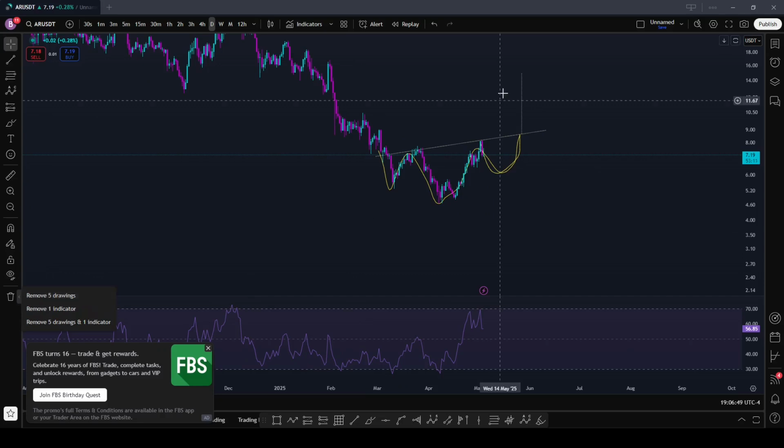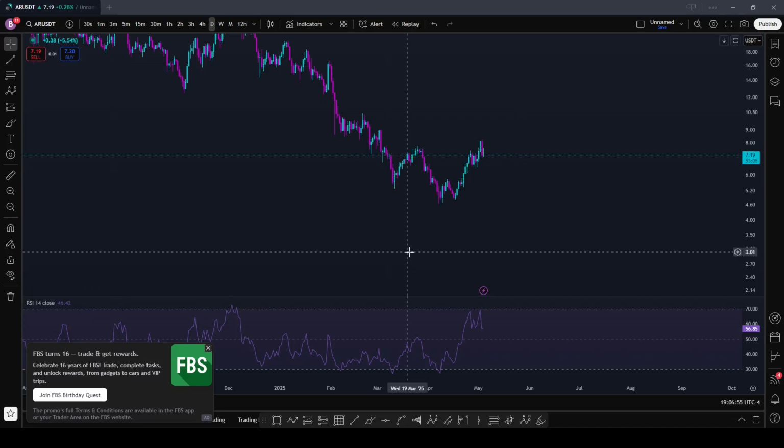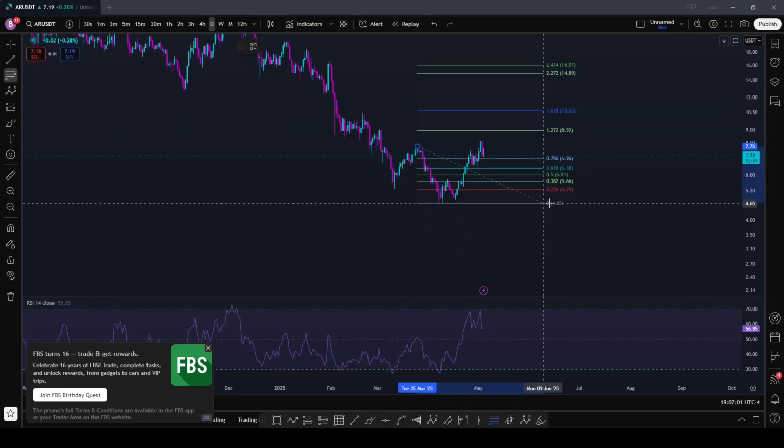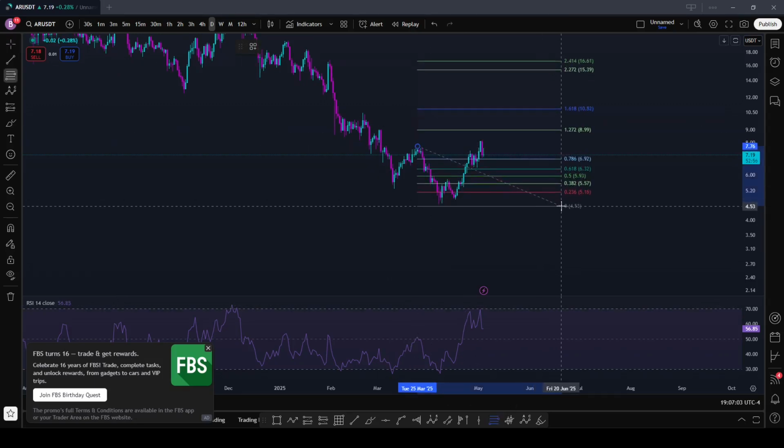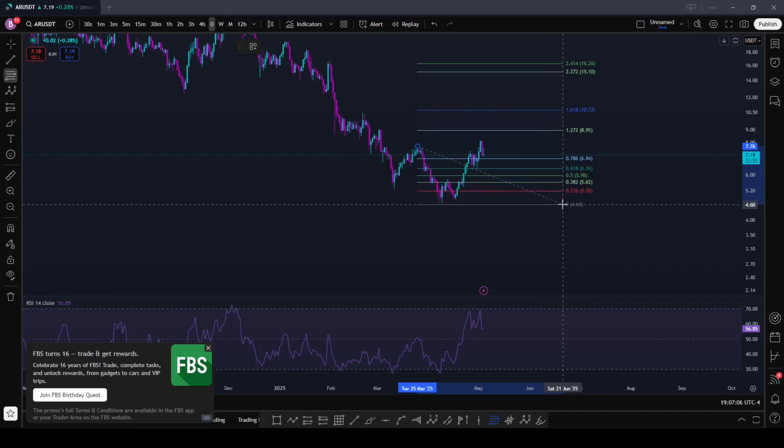And you can see this level here. Also, it should align with your fib target, because all these will always align. It's funny how trading works. So if I was to take the fib levels from this high to this low, right? You can clearly see that this level aligns with the 2.272 and 2.414.